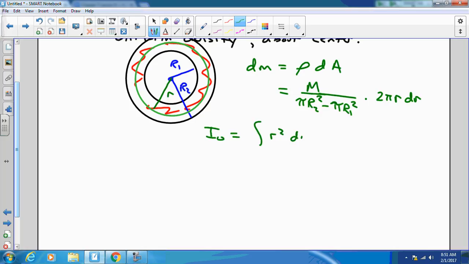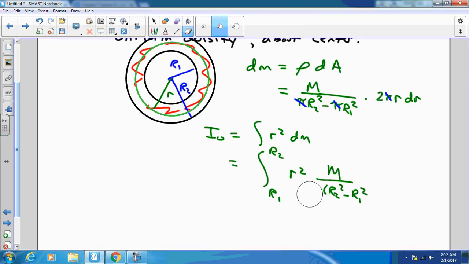And now, I0 equals the integral of r squared dm, which is the integral from R1 to R2 of little r squared times this big ugly constant. I think we can see that there's a common factor of pi that cancels. Oh, I threw my 2 into the wrong place.